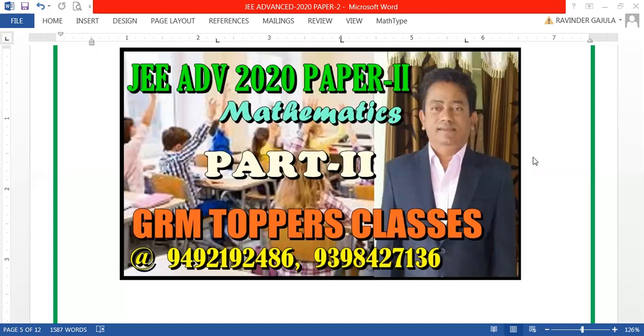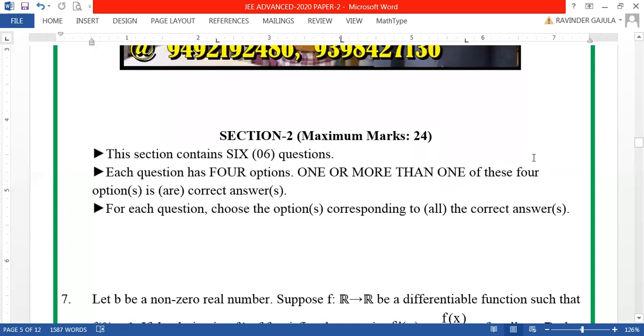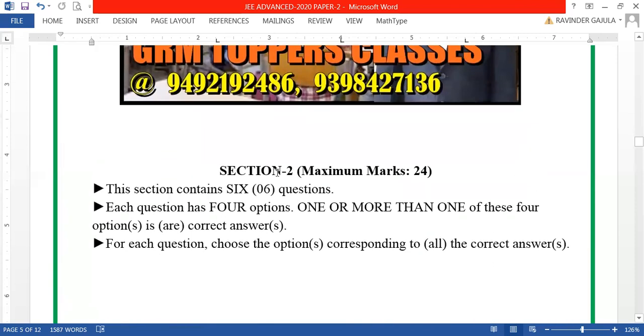See this one, in section 2 also you are given 6 questions, but here every question has one or more than one correct option as the correct answers. Therefore dear friends, we must be very careful about all the options in answering every question.